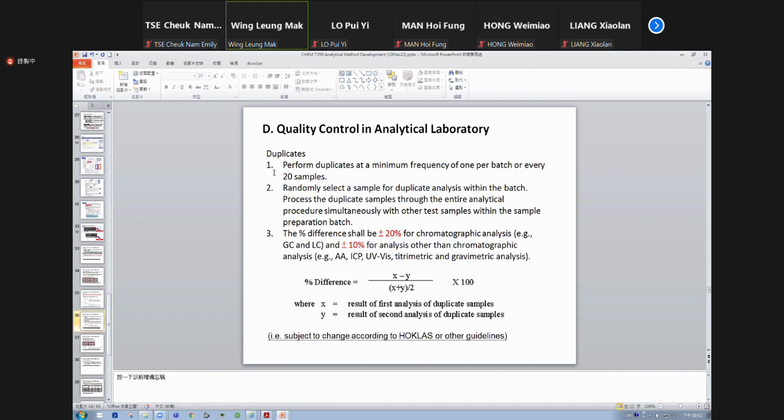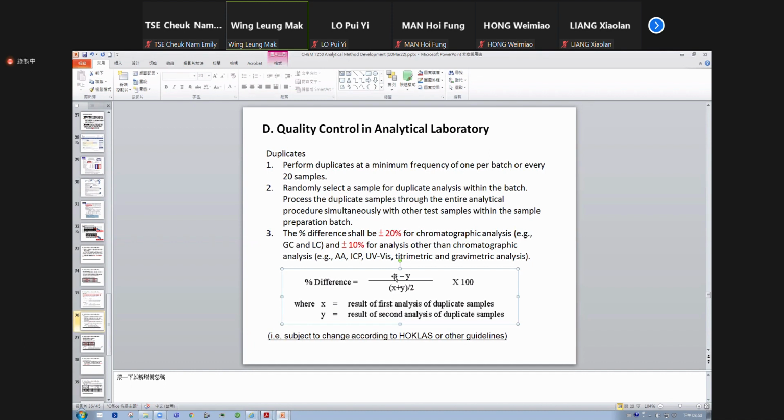Duplicate, we can set the criteria 10% or 20%, depending on the difficulty of the measurement analyte. For the volatile chemicals, maybe you can set 20% or even 30%. For aldehyde analysis, the gas analysis, the difference calculation should be on two duplicate results.